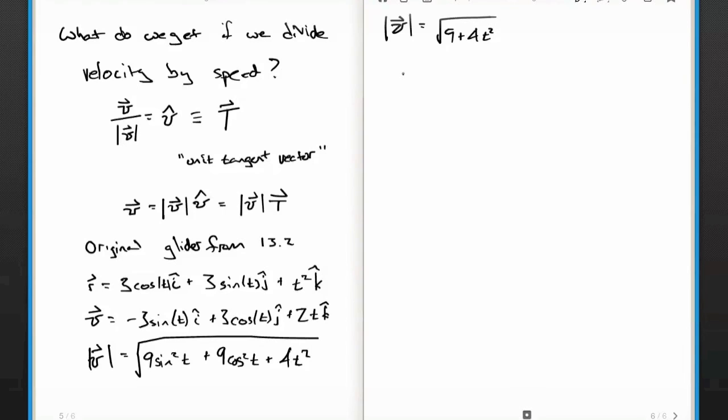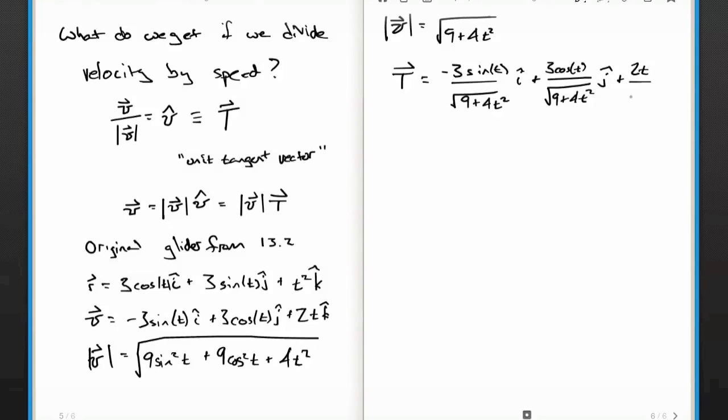So that means my unit tangent vector for this, so this is the direction only at any point along the path as a function of t, is negative 3 sine t over this magnitude, which is the square root of 9 plus 4t squared, that's i, plus 3 cosine t over the same thing, square root of 9 plus 4t squared, that's j, and then finally the k term is just 2t over the square root of 9 plus 4t squared, times k.